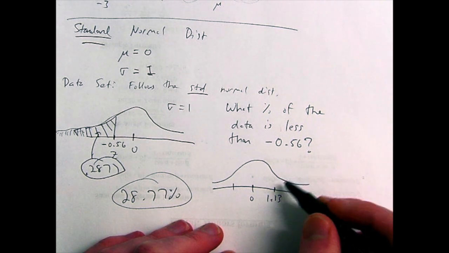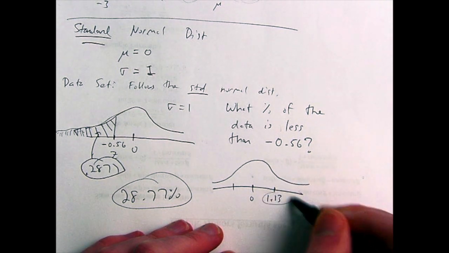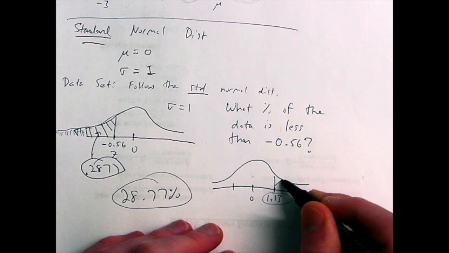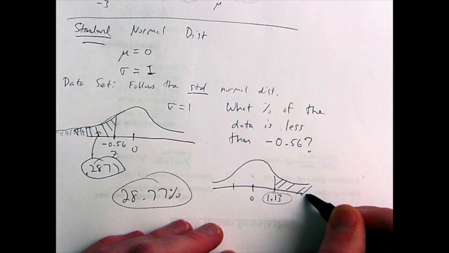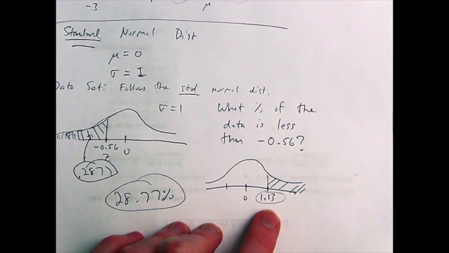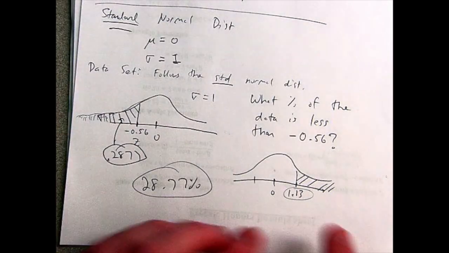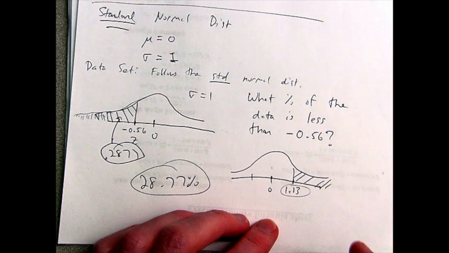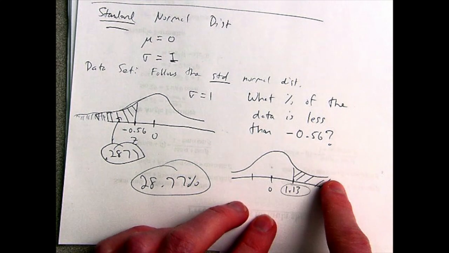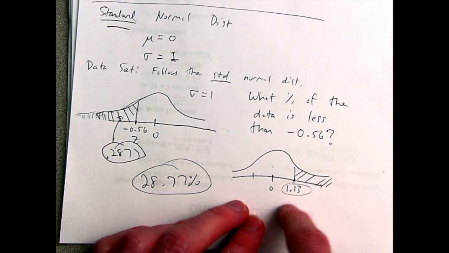If you want to know what percentage of the data is bigger than 1.13, that would just be the area under this curve to the right of this value.